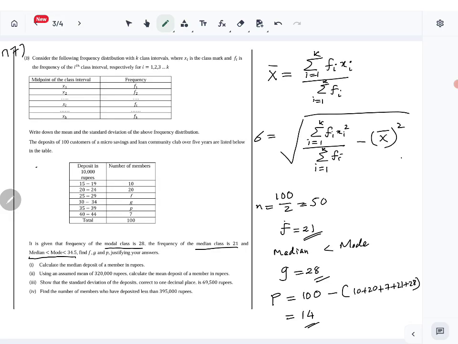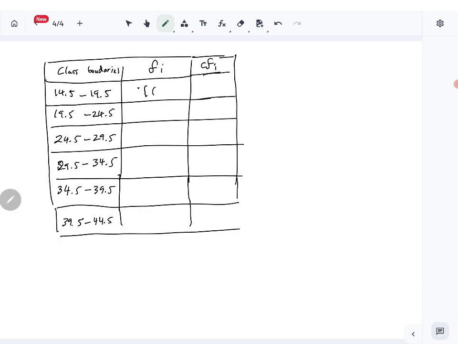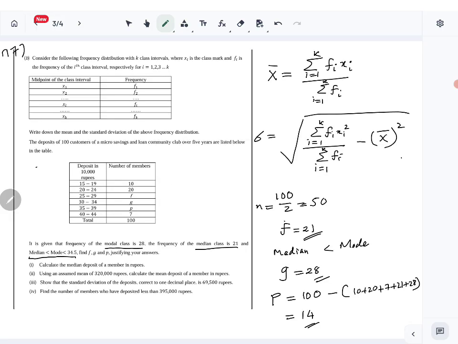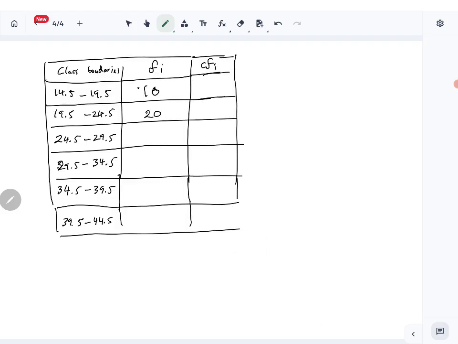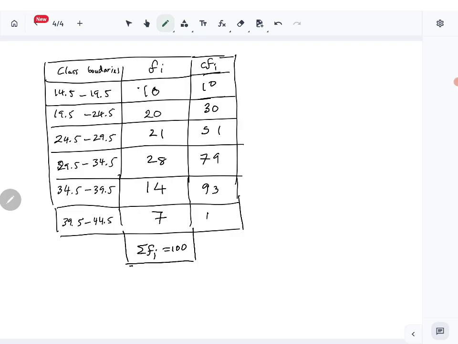Then frequencies: 10, 20, F and G are 21, 28, E is 14, 7, and the total frequency sigma fi is 100. Then cumulative frequency: 10, 30, 51, 79, 93, 100.